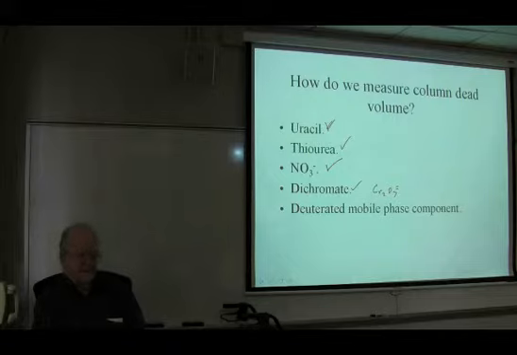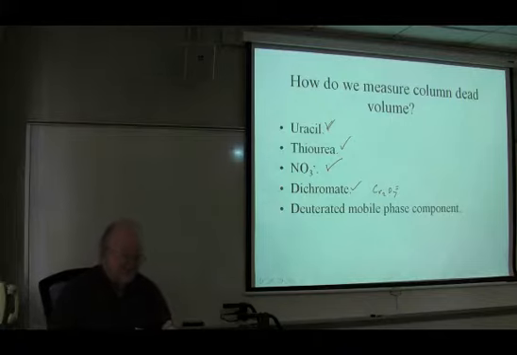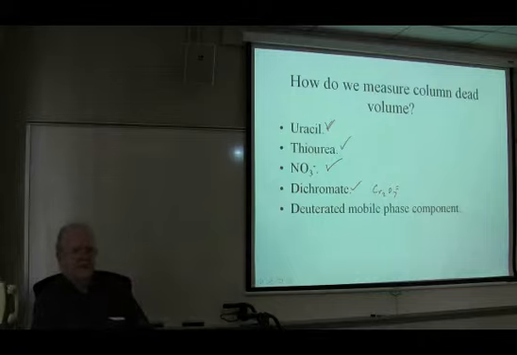Another thing that's done is to inject as a solute deuterated mobile phase, and you need to use a refractive index detector, but you will see the deuterated substance if the mobile phase has a lot of the hydrogenated substance. There's enough of a difference in refractive index.